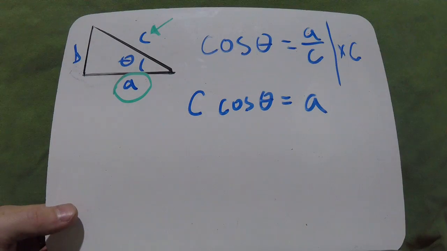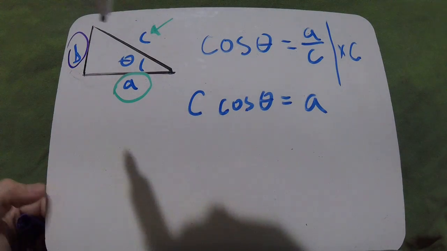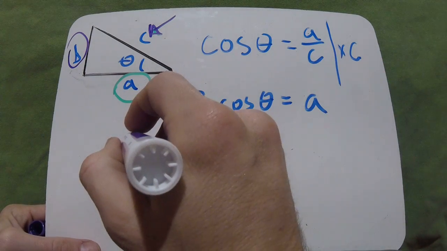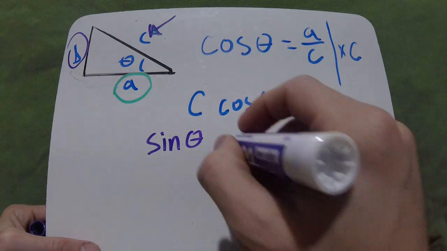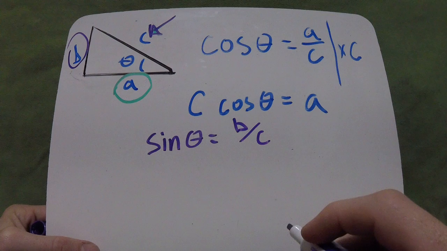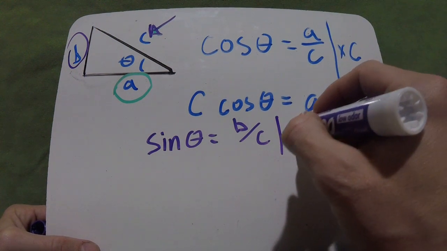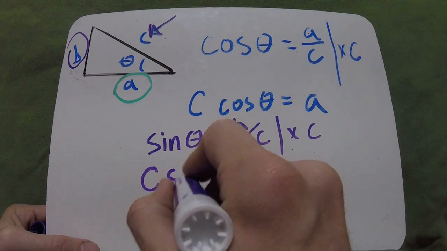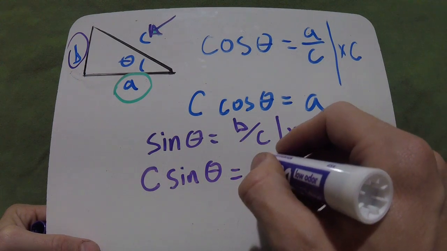If I wanted to define B, and all I know is C, well then I would say that sine of theta is equal to B divided by C, and I can multiply both of these sides by C and receive the function C sine theta is equal to B.